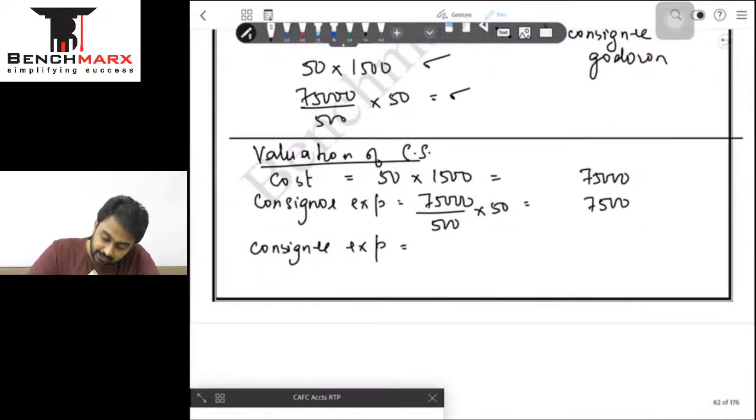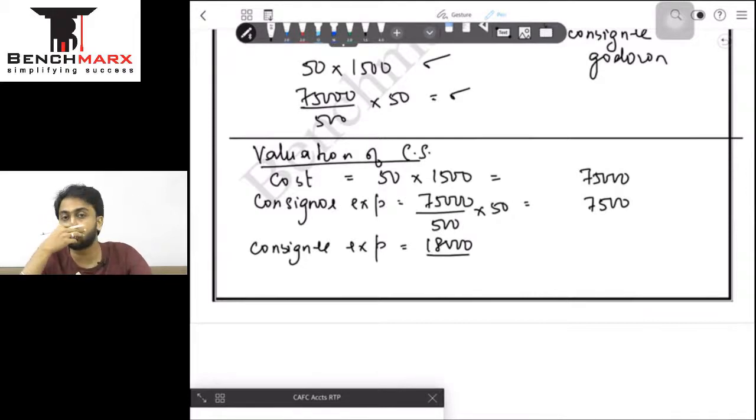So 18,000. Now 18,000 was first of all not spent on all the 500 goods consigned, because out of 500 goods consigned 50 are lost in transit and 50 are still in transit. So the 18,000 he spent is only on the 400 goods which are physically received by him, because 50 is lost, he did not receive them, and 50 are still in transit.